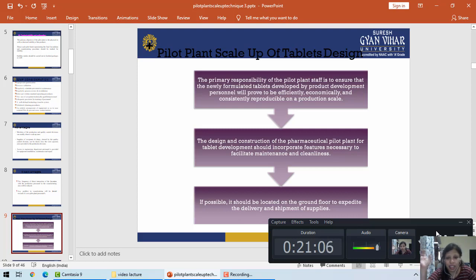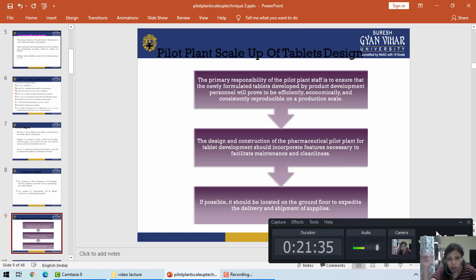The second is that the design and construction of the pharmaceutical pilot plant for tablet development should incorporate features necessary to facilitate maintenance and cleanliness. So if you are designing or constructing a pharmaceutical pilot plant for tablet development, or for any type of dosage form, there should be a facilitated maintenance and cleanliness program.